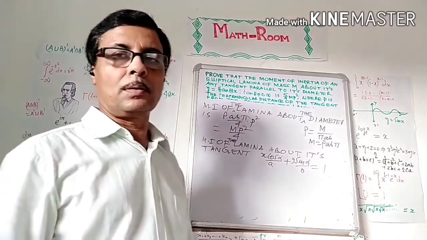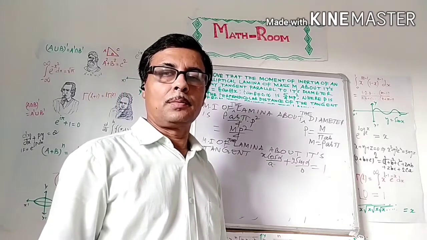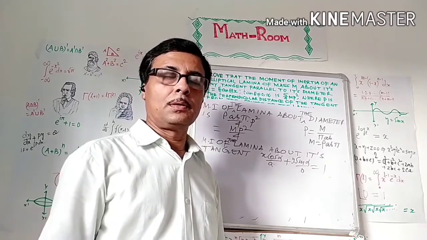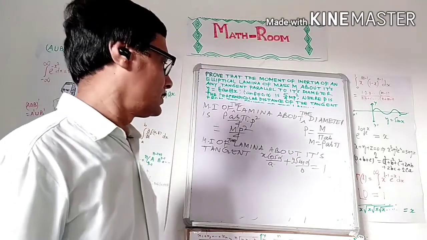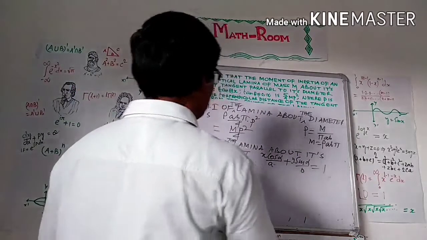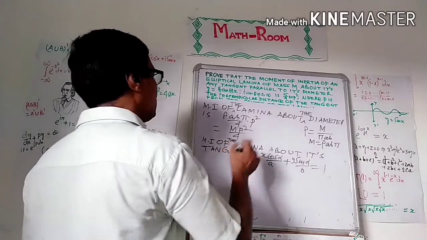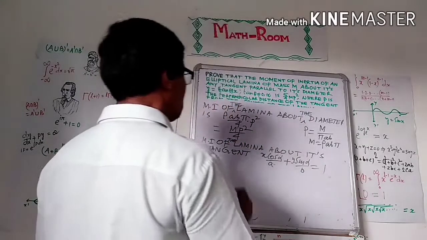This is the parallel axis theorem. So we can use it to derive the moment of inertia of the lamina about its tangent.